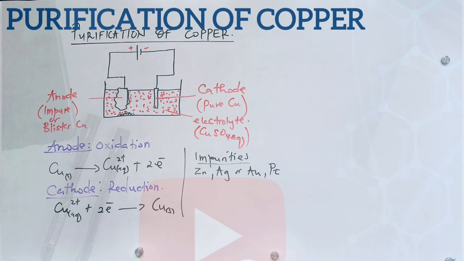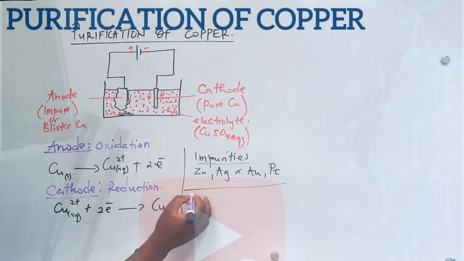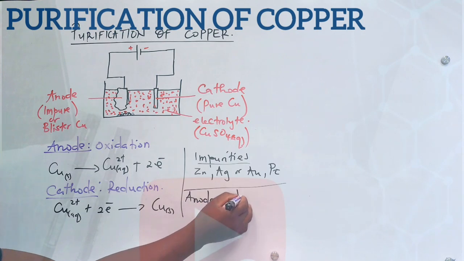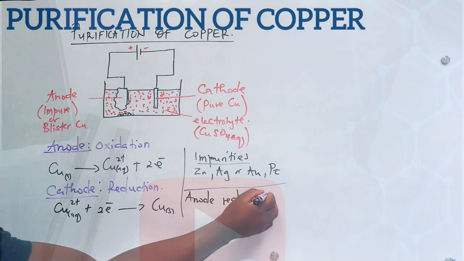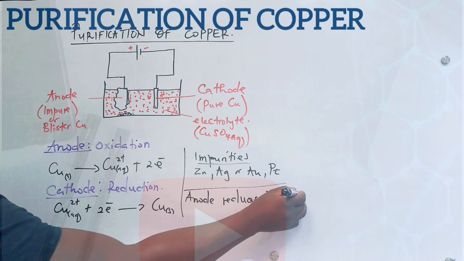So as the reaction proceeds, let's check the observations that we will be seeing as the process continues. You find the anode reduces in mass. Why?